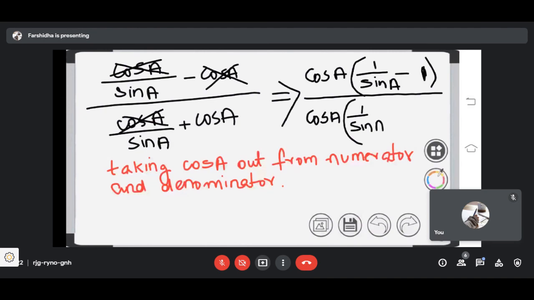Cos A into 1 by sin A minus 1 divided by cos A into 1 by sin A plus 1. So from here you can cut cos and cos, from numerator and denominator.